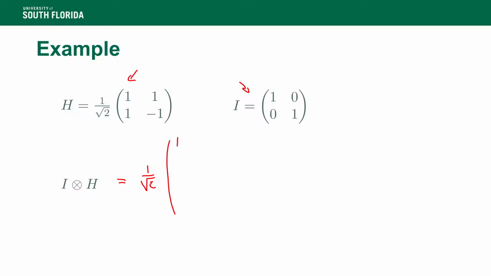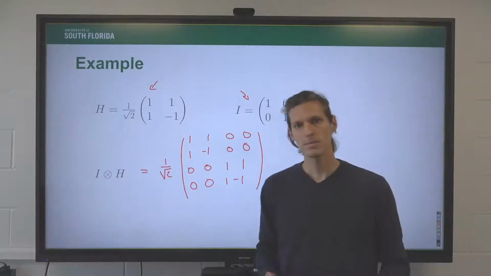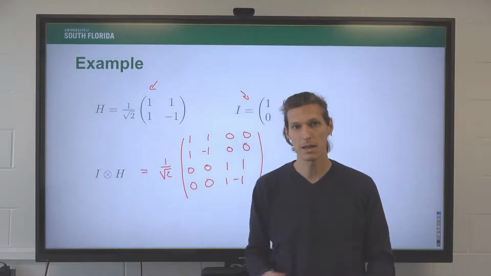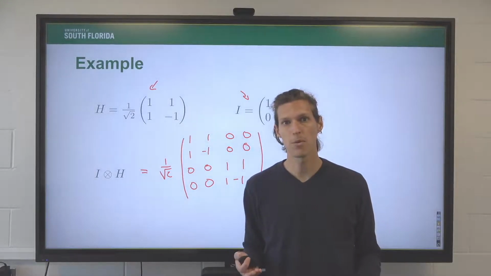And then I have one block of H multiplied by square root 2, then my blocks of zeros, and another block of H, okay? So this is the way to spell out what the linear operator is.